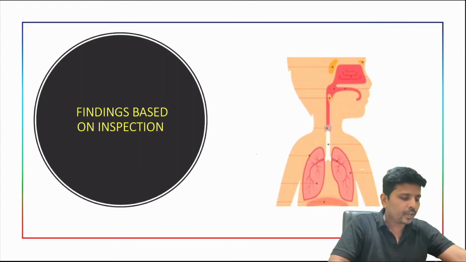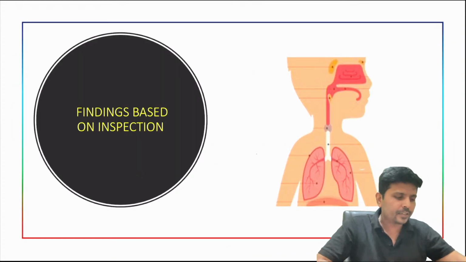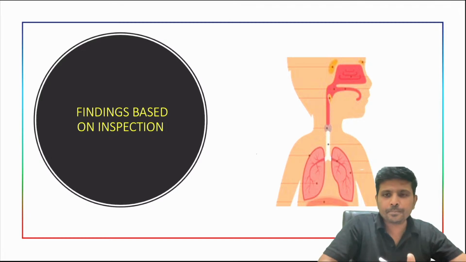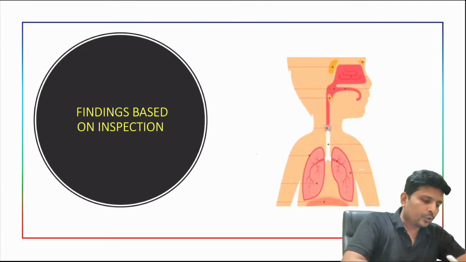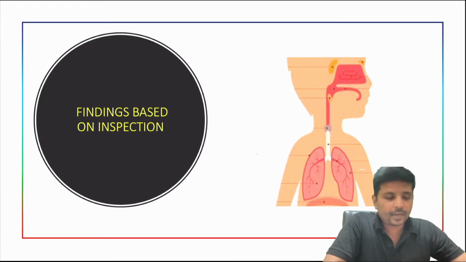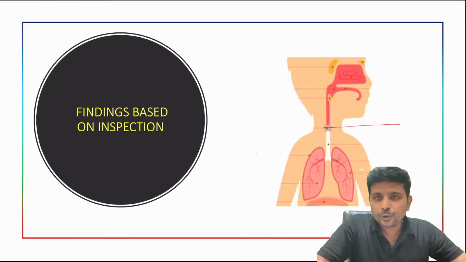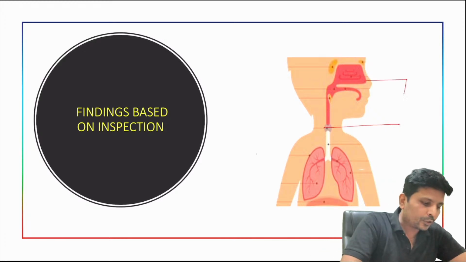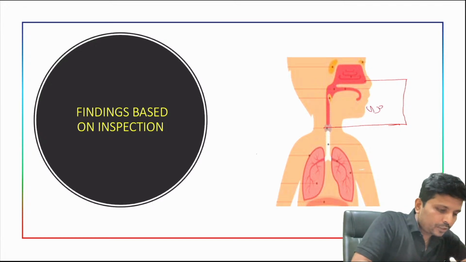Let us go to the first graph. So what is this? You all know this simple explanation of the airway. This is a sagittal cut. So this is upper airway, lower airway. What do you mean by upper airway? Upper airway means from the nose up to your larynx. So this is your upper airway.